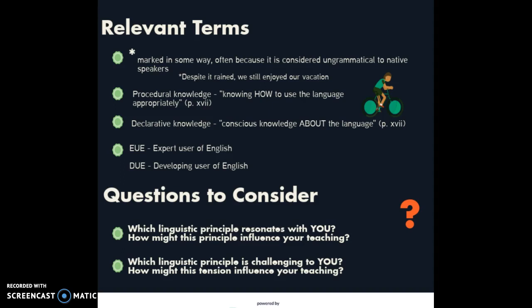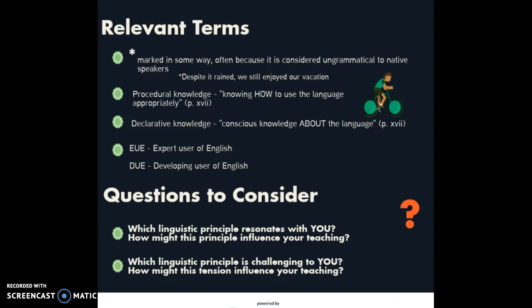So that's what we're going to work on in this class. We will gain a lot of declarative knowledge. Endley uses these two abbreviations, EUE, Expert User of English, and DUE, Developing User of English, so as to not differentiate people who are highly competent second language users of English.